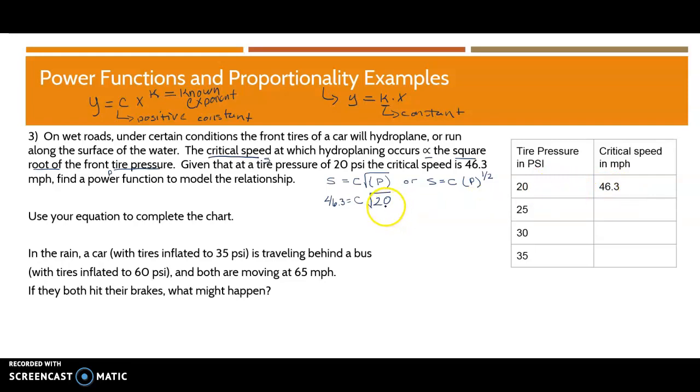So in order to solve this, I want to figure out what is the square root of 20. So 46.3 equals c times, and that's about 4.472. And then I'll divide on both sides by 4.472. And that gives me c. That constant is about 10.35.